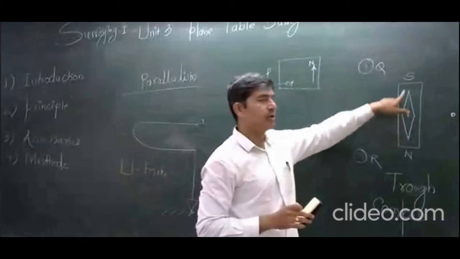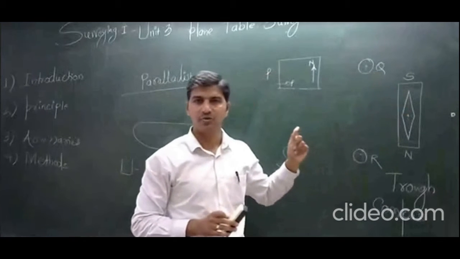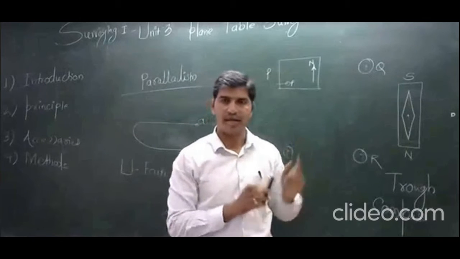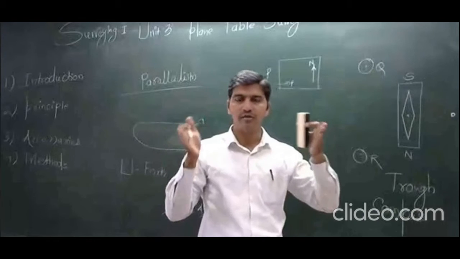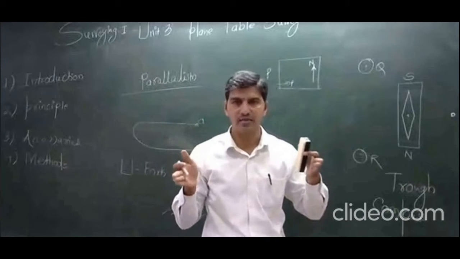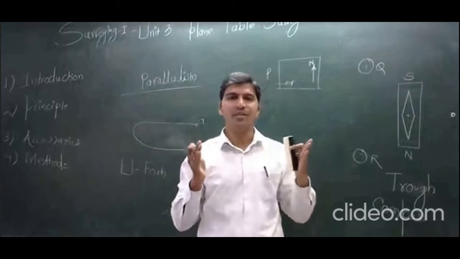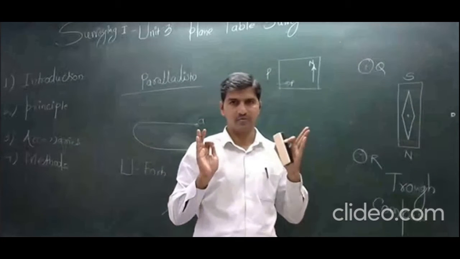Now it will only direct towards the north and south, so it will try to deflect all the time. As it is attracted towards the north pole and the south pole, the needle will keep moving until it achieves the correct direction.